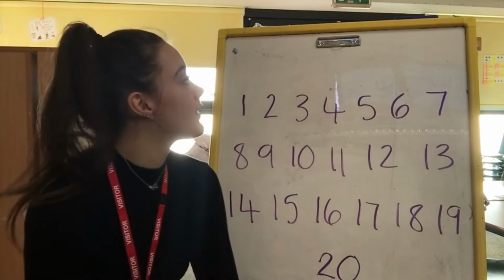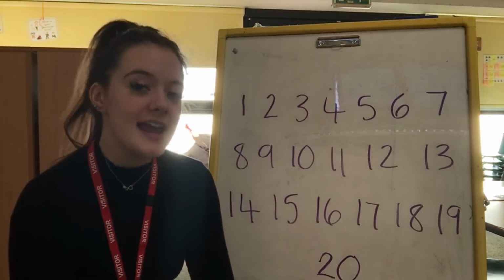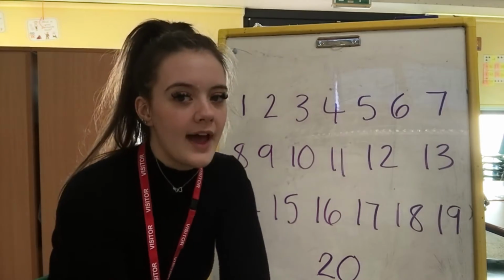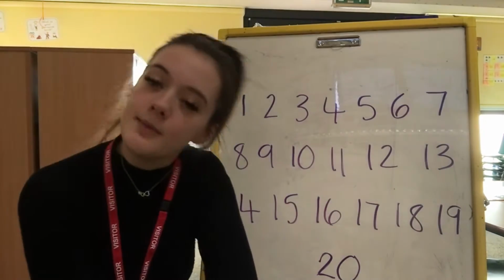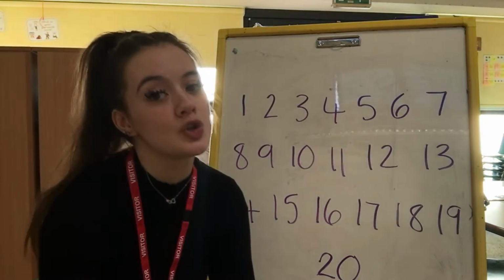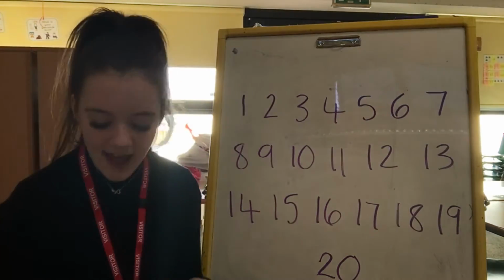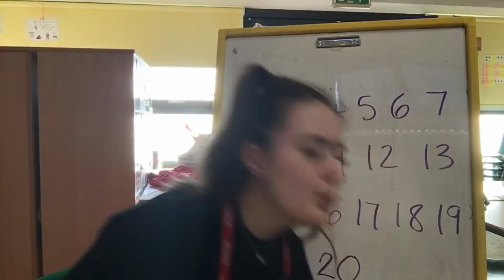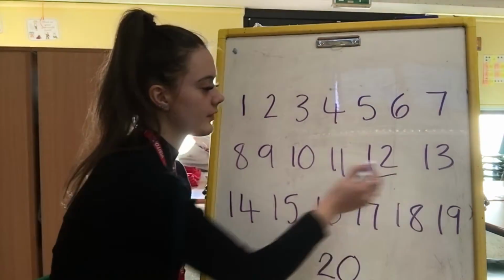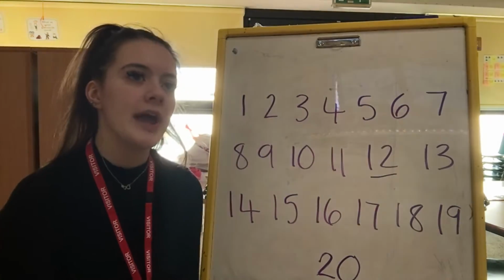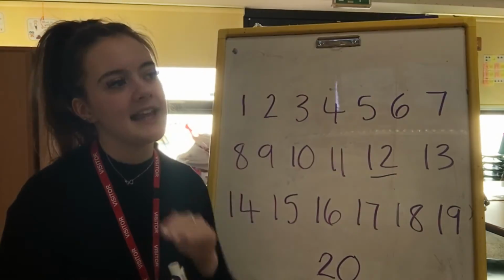Now then, what we are going to do now is, do you remember learning about one more than and one less than? I'm sure you do. So, if I was to say I have the number 12, what would one more than be? So, we have one more than and one less than.